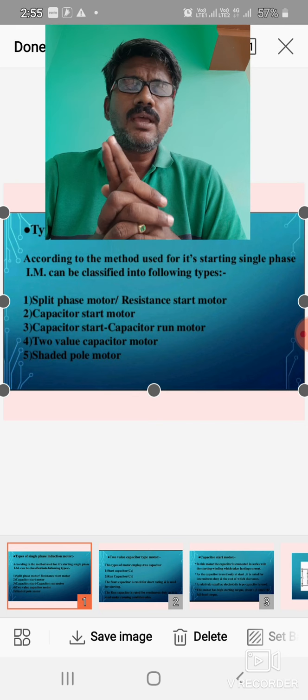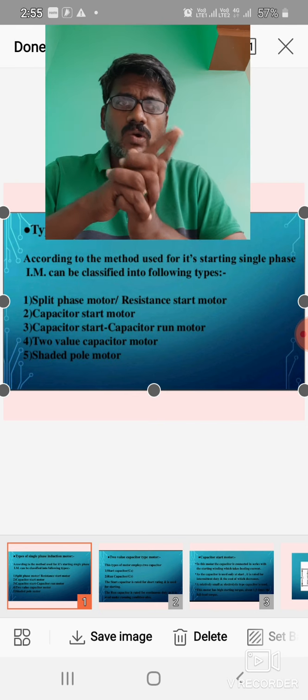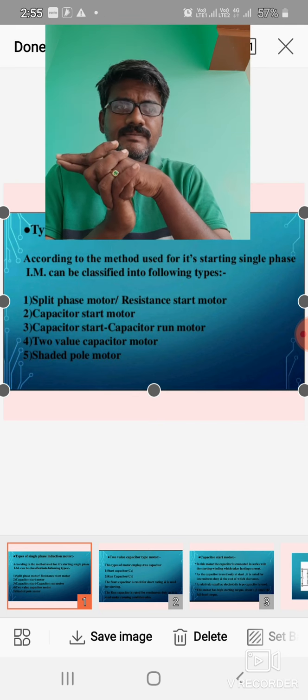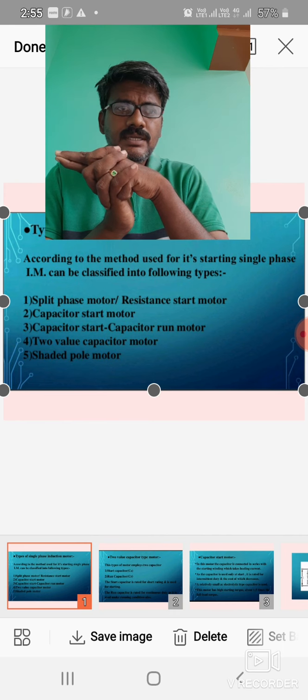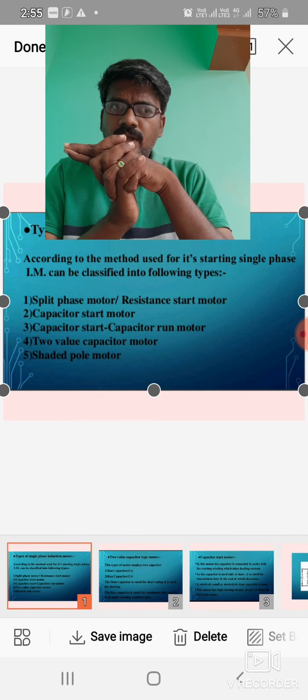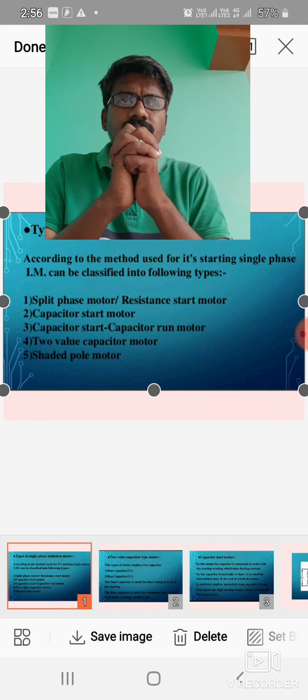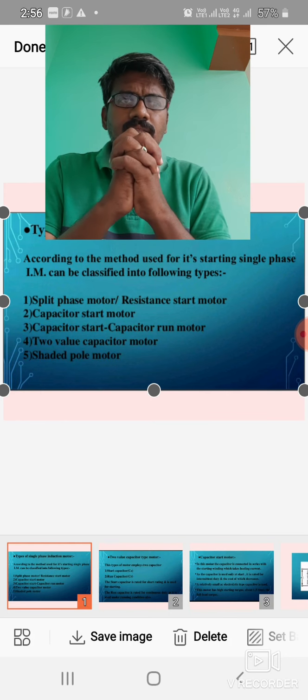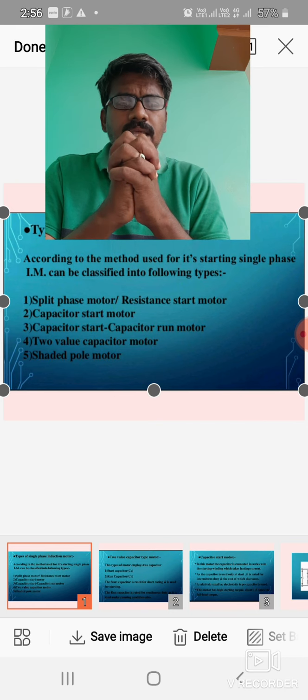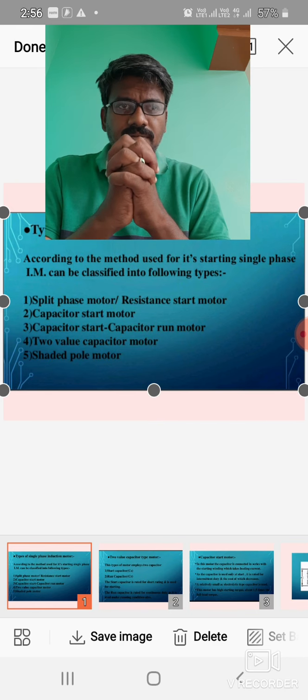Why? Because it produces forward torque and backward torque continuously, right? Because of inertia, because of heavy weight, the motor still remains stationary.